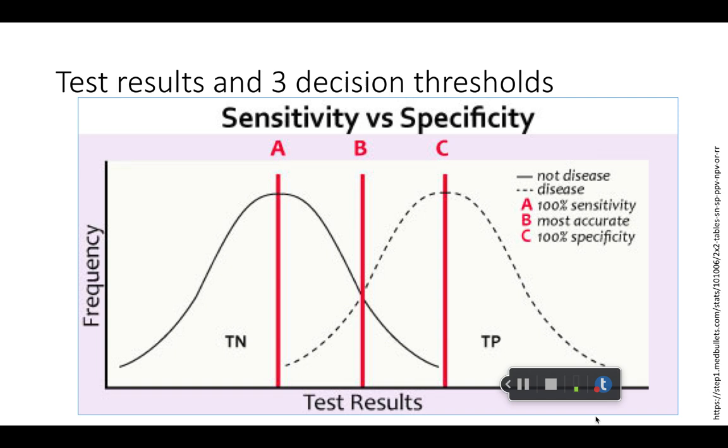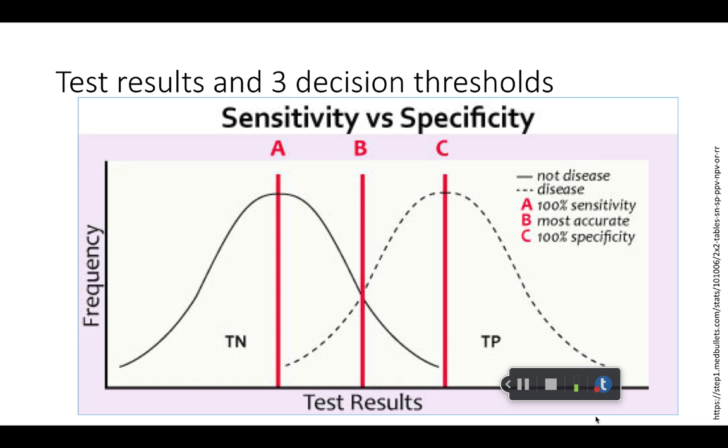Whatever our test result is, we're going to make a decision. Okay? So here we have test results arrayed on the horizontal axis. Let's say this is a result for a disease, and positive results to the right of the horizontal axis mean that the disease is present, and negative results to the left of the horizontal axis mean that the disease is not present.